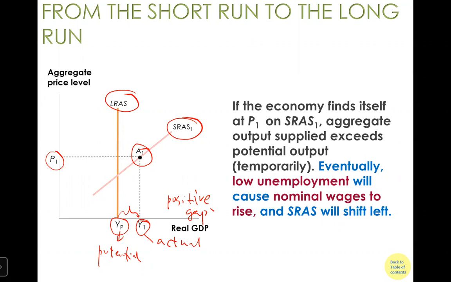So now ask yourself, or try to think about how the economy is going to respond. The secret lies in the labor market. Okay. So what happened in the labor market? And particularly what happened in terms of the unemployment rate right now, if we produce more than we can potentially produce?